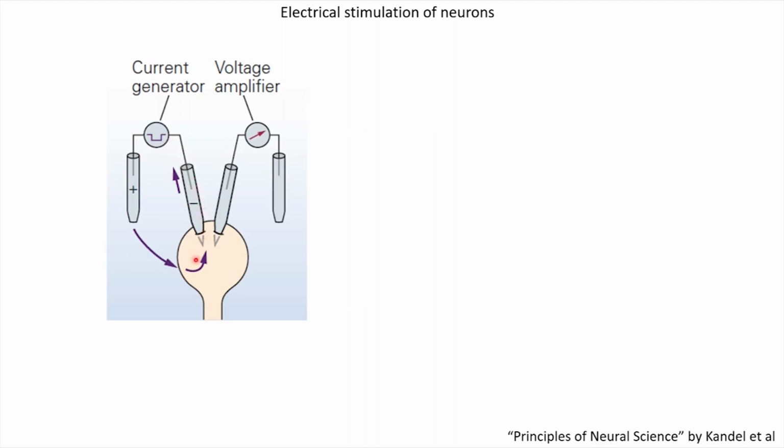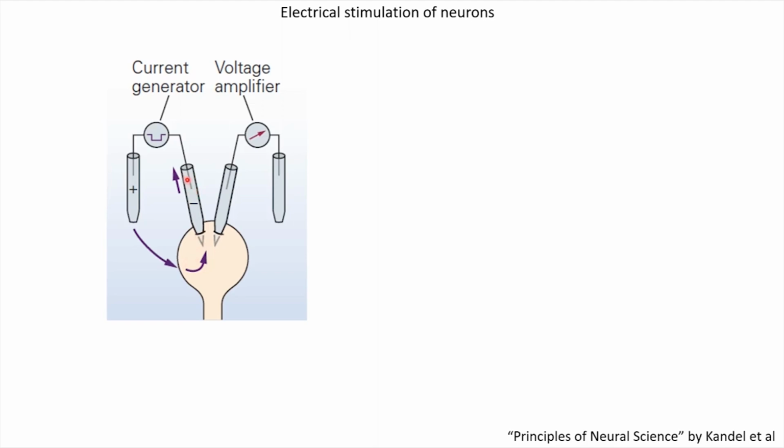By positive current I mean that positive charge is flowing from the electrode into the neuron, and negative current means that positive charge is flowing from the neuron into the electrode, or you can imagine negative charge flowing from the electrode into the neuron.